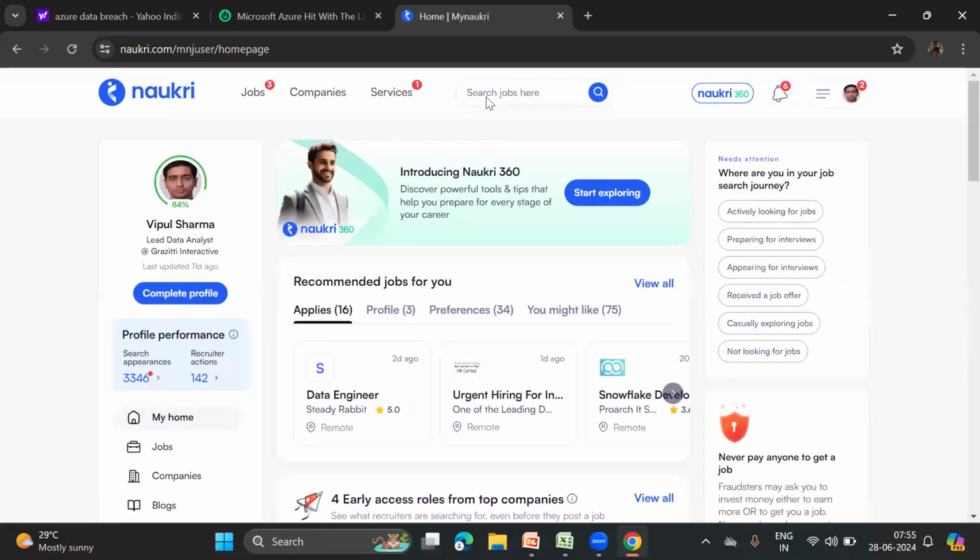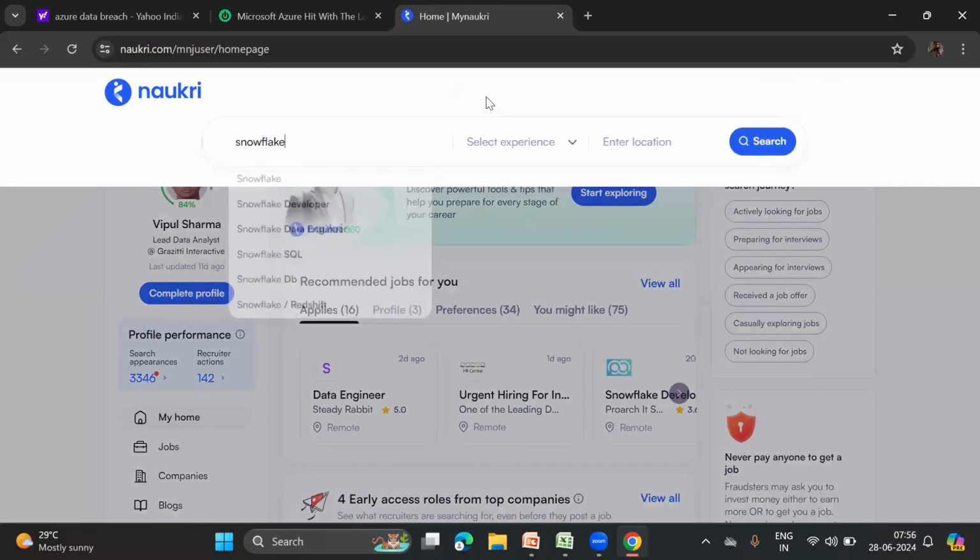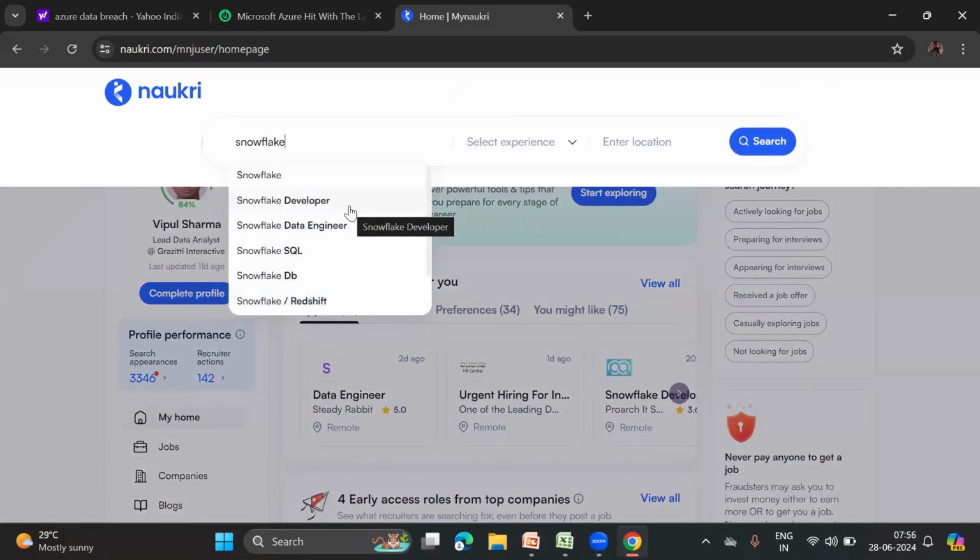Is there any cost associated with the training when we create accounts in Snowflake or AWS? No. Snowflake Data Warehouse has a 1 month free trial, and AWS we will also use the free tier. So no payment. Python is also free. Here you can search for a role: Snowflake developer, Snowflake data engineer, Snowflake SQL, Snowflake Redshift.